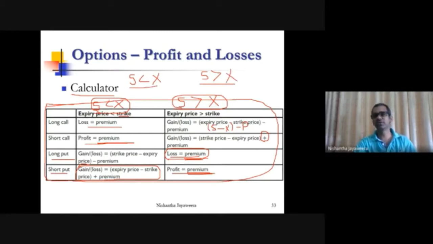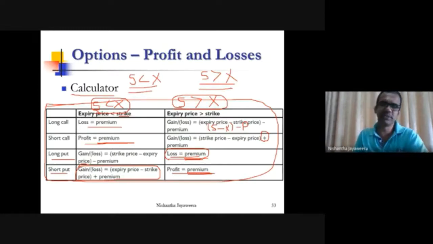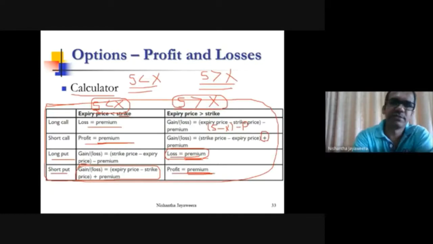As a call option buyer, what do you do when the spot price is less than strike, and when the spot is greater than strike? Based on that, you can decide whether you make a profit or a loss. If you have the concepts in your mind, it is easy to do that without remembering these equations. Any questions?